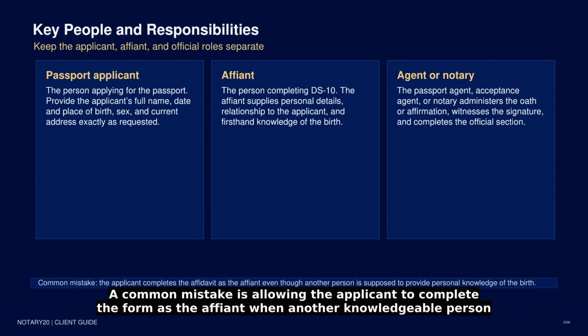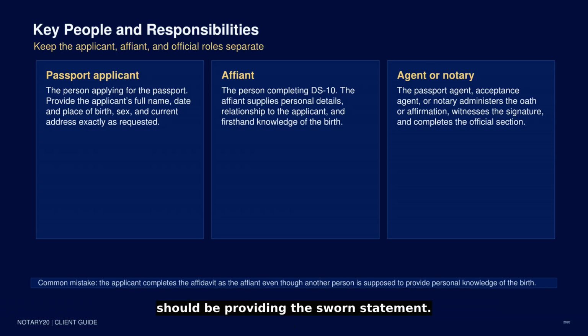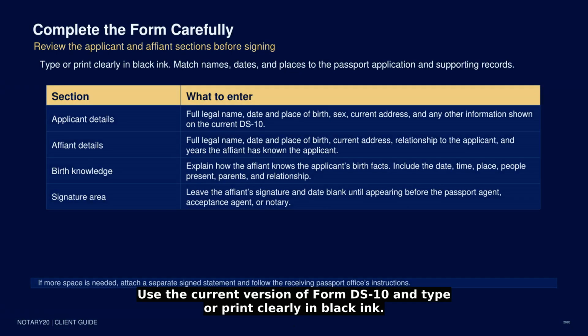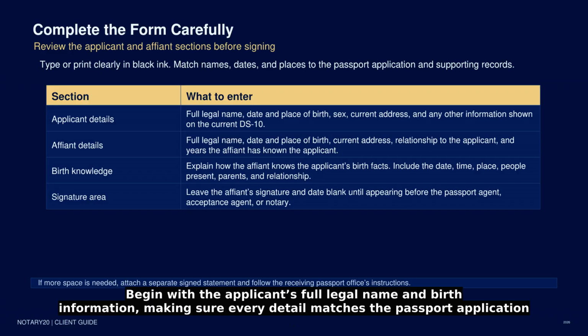Use the current version of Form DS-10 and type or print clearly in black ink. Begin with the applicant's full legal name and birth information, making sure every detail matches the passport application and supporting records. Next, enter the affiant's full legal name, birth information, address, relationship to the applicant, and how long the affiant has known the applicant.